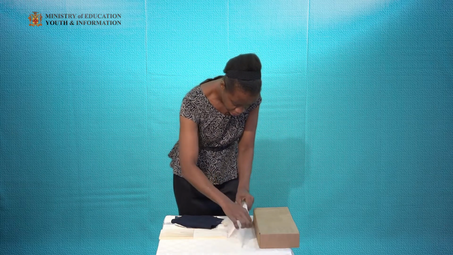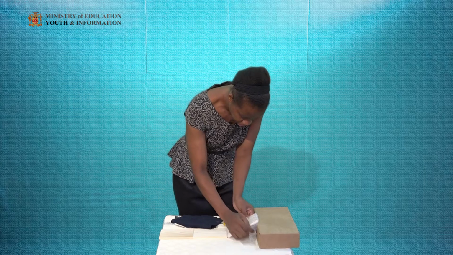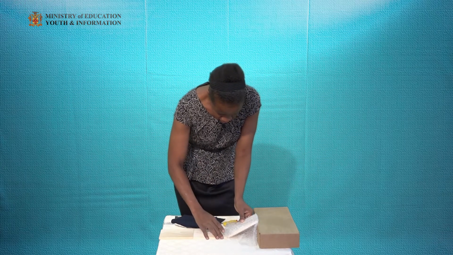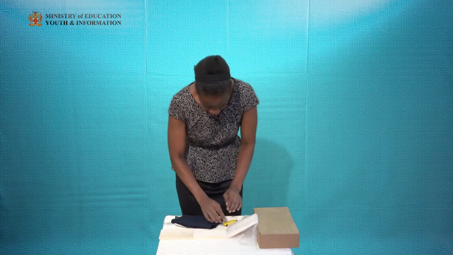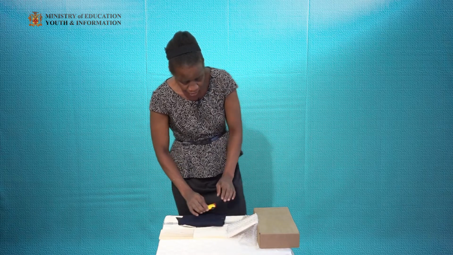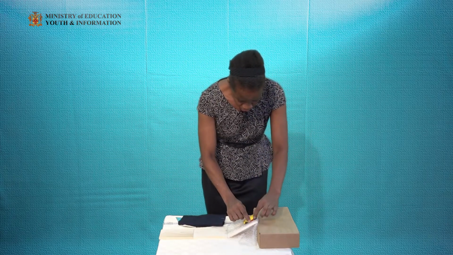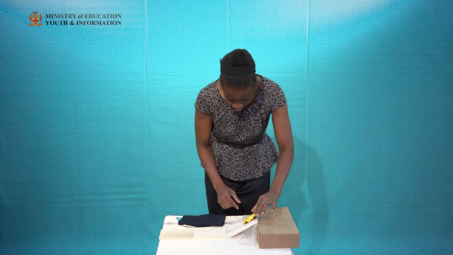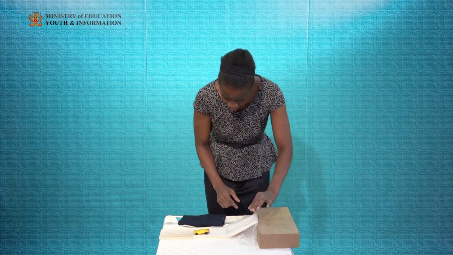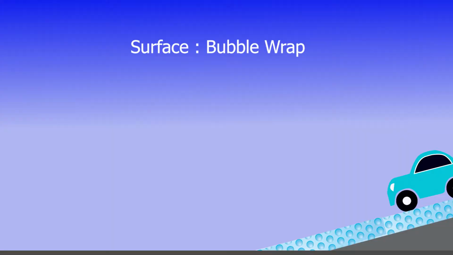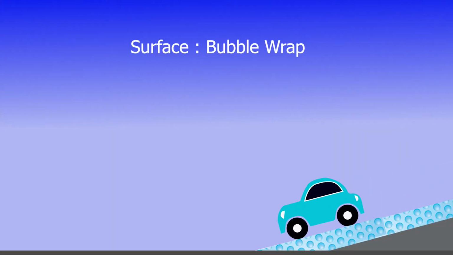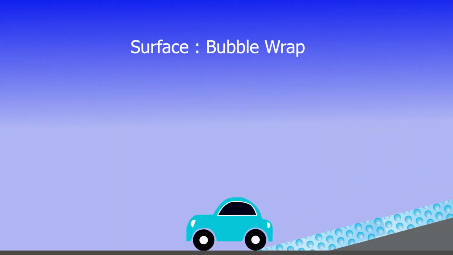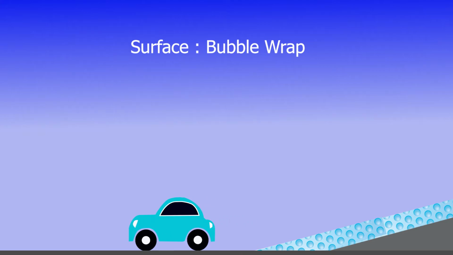I somehow changed the angle. So let me just wrap it and leave it and try not to change it. All right. So we're going to release our car. Oh dear, it's not moving. See? Let's check the distance. That says about 15 centimeters.